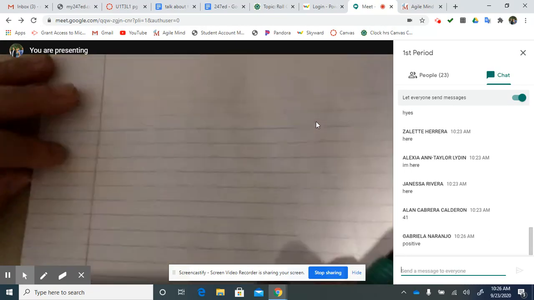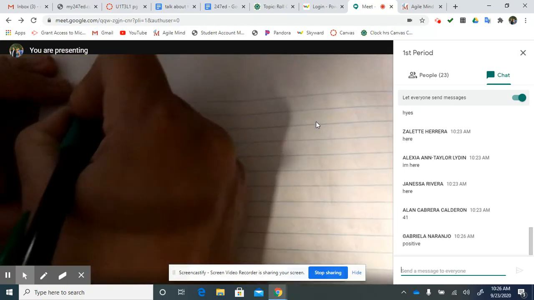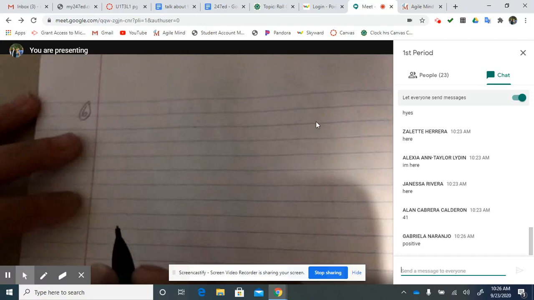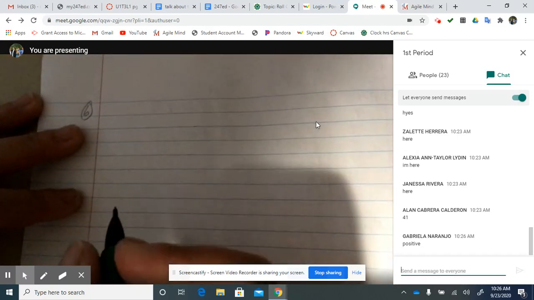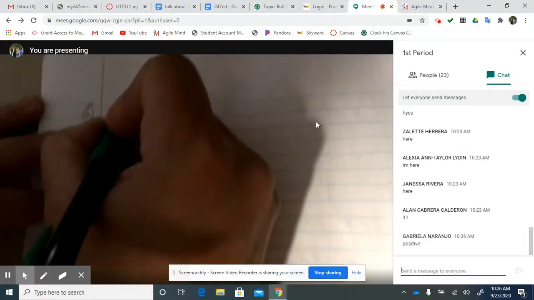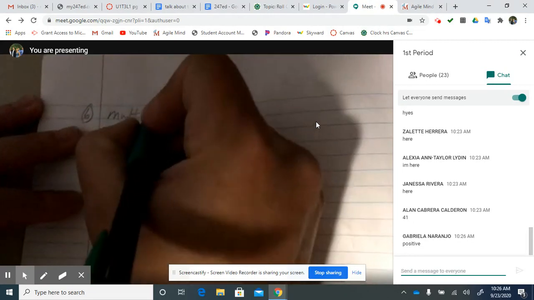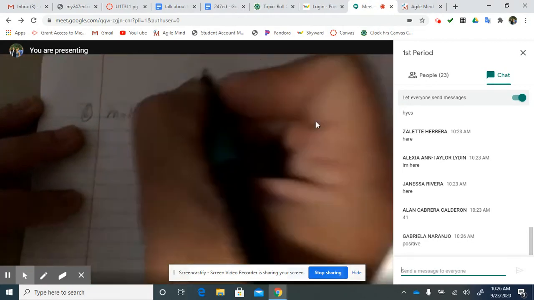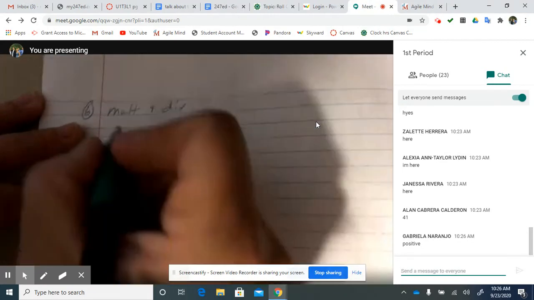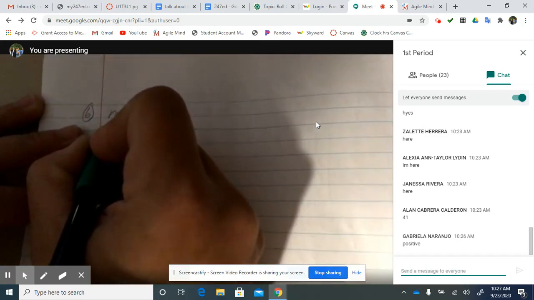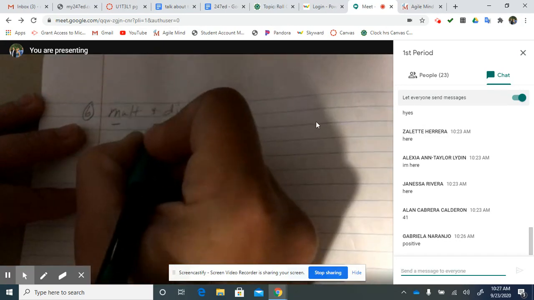So this was number 6. They're talking about multiplication, and it's the same rule for division too. It asks when both factors are negative.